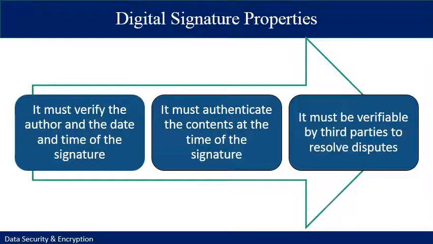The digital signature must have the following properties: it must verify the author and the date and time of the signature, it must authenticate the contents of the message, and it must be verifiable by third parties to resolve disputes. Therefore, a digital signature function includes the authentication functions.